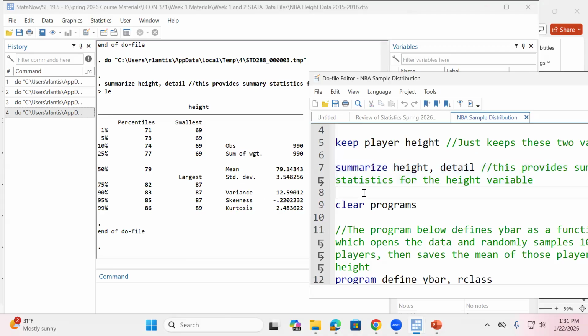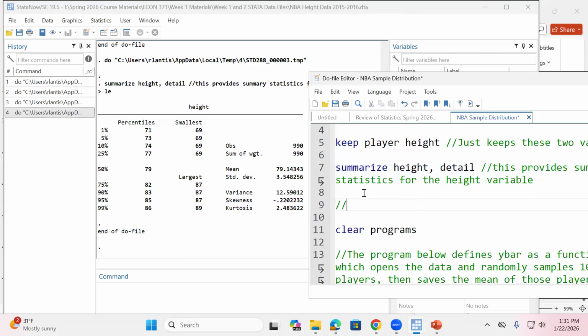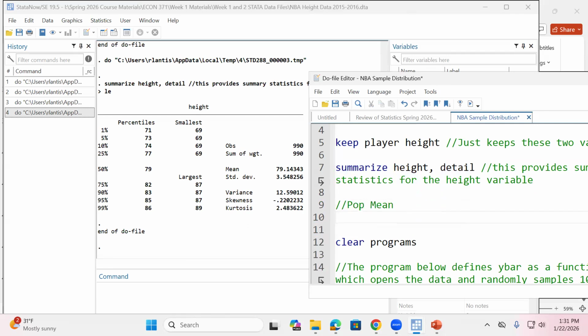So this is where we said, like on that first problem set, if I asked you for the population mean and the population variance, unless you create variables that were equal to that, if you just use the summarize command, you can't save that into your do file.